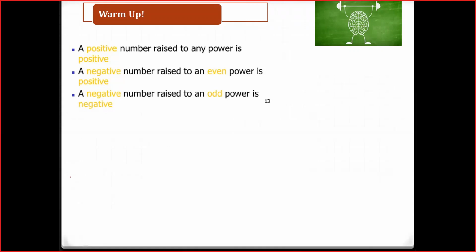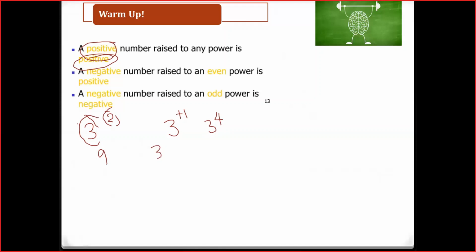And also, you know that if I have a positive number, like 3 as an example, raised to any power like 2 or 1 or 3 to the power 4, 3 to the power 2 is 3 times 3, which is 9. 3 to the power 1 is 3.